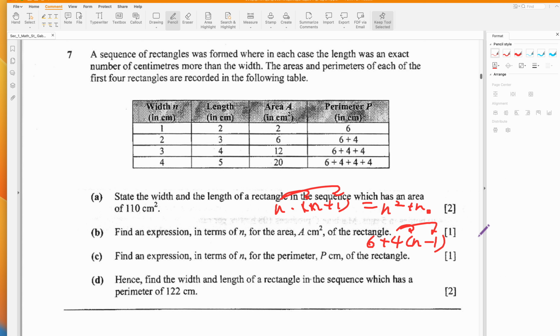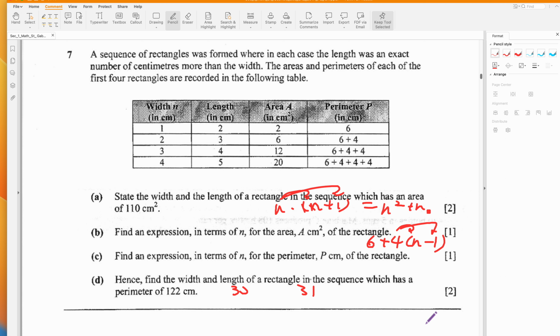Six minus 4. Okay. 2 plus 4. Then for D, the width is 30 and the length is 31. 30 and 31. Yes. How? How did you get it?